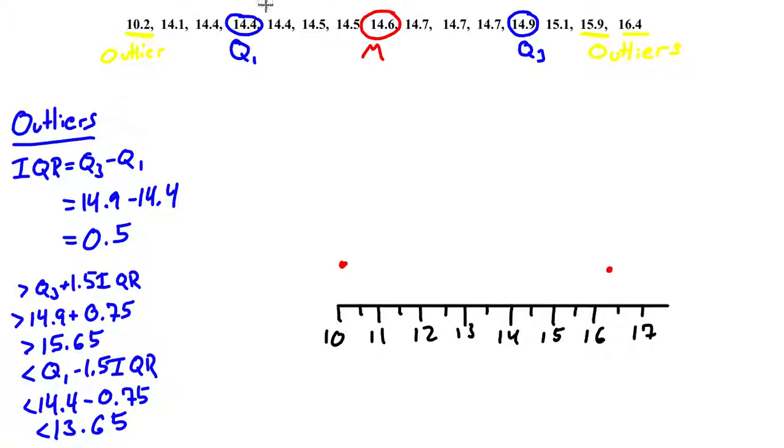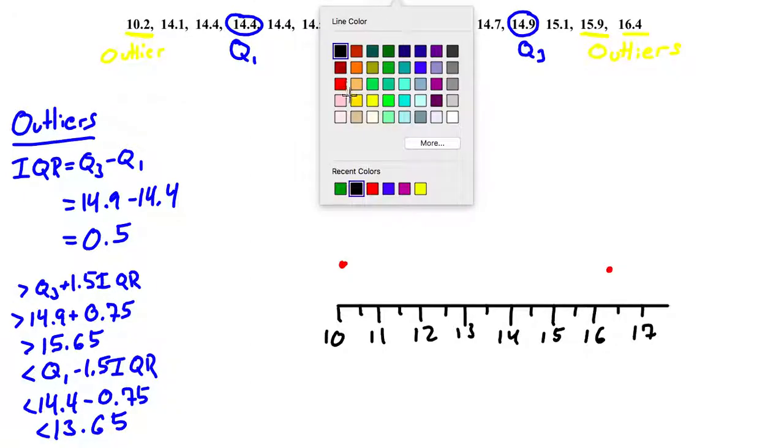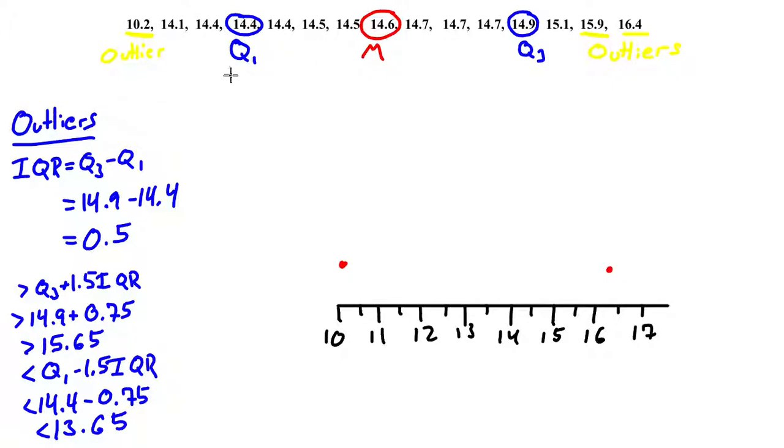And then again, I'm going to have those vertical lines to represent my quartiles. So 14.4 for Q1, 14.6 for the median, and then 14.9 for Q3.